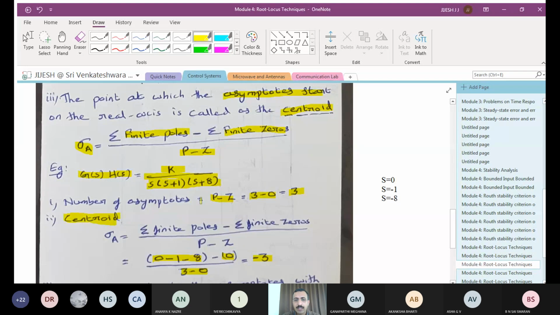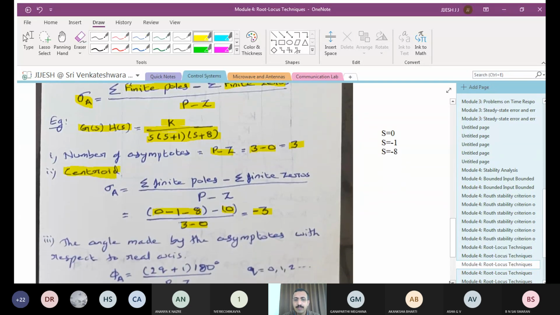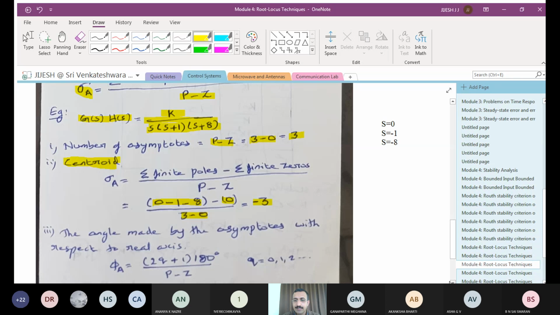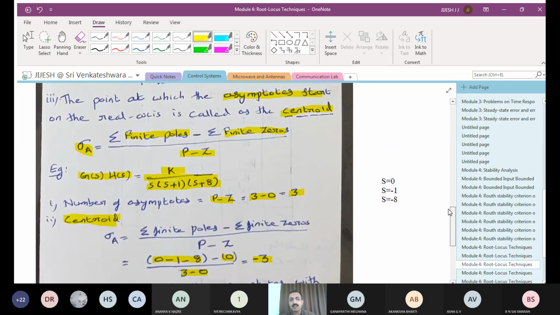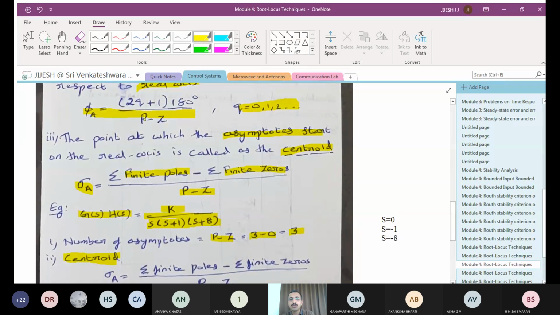So we understood that the number of asymptotes is 3 and the centroid is minus 3. Now we have to find the angle made by the asymptotes with respect to the real axis. What is the equation to find the angle made by the asymptote? It is (2q plus 1) into 180 degrees divided by p minus z. So let me calculate the angle.